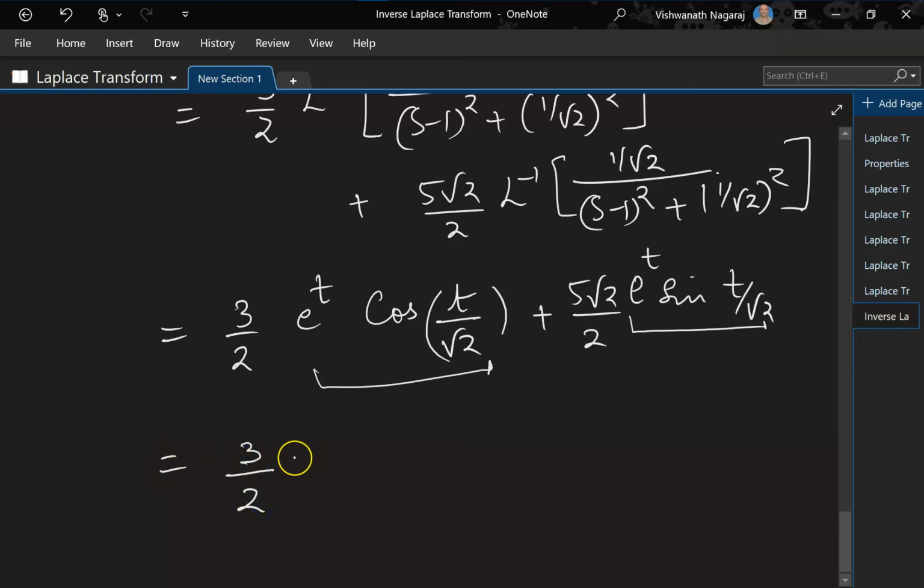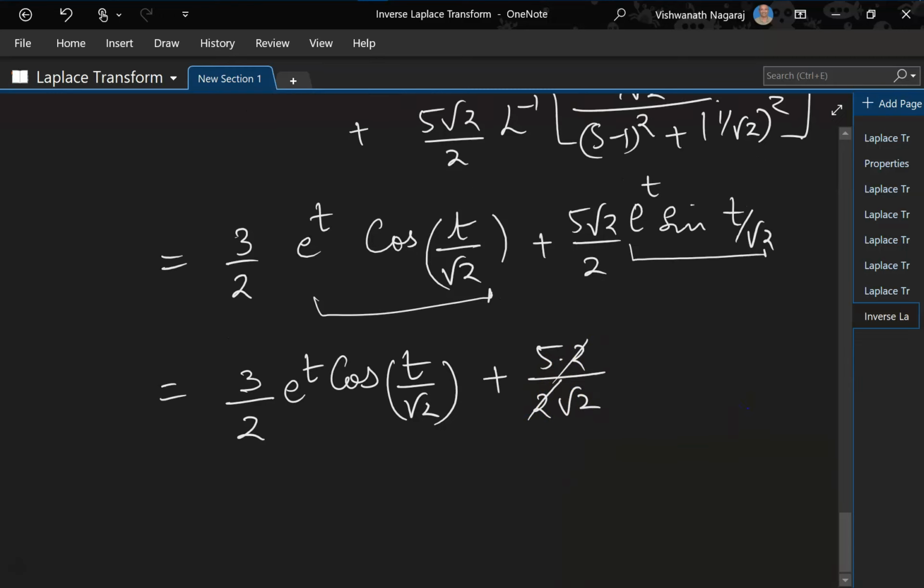So 3 by 2 e to the power of t cos t by root 2 plus 5 root 2. Root 2, what we can do is 5 root 2 times root 2 is 2 by 2 root 2. So 2 cancels, denominator 2 and 2 is common. So let's not rationalize it. Okay, so let it be 5 root 2.